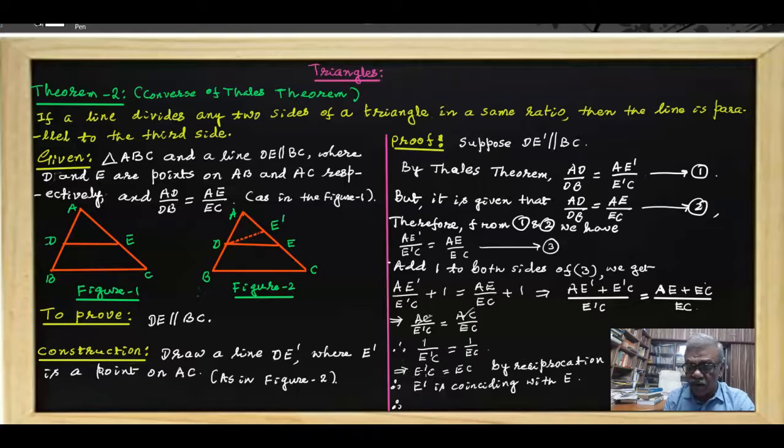Then we have proved that DE is parallel to BC, because we assumed that DE dash is parallel to BC, and therefore DE dash and DE are the same, with E dash equal to E, and hence DE is parallel to BC only.